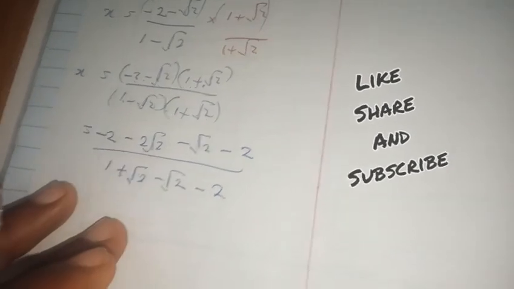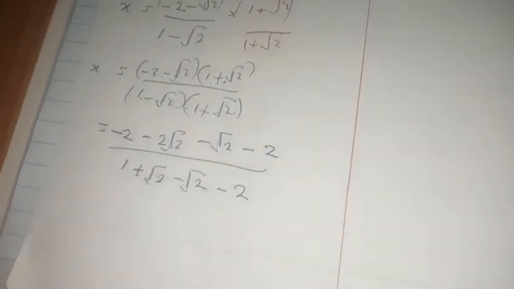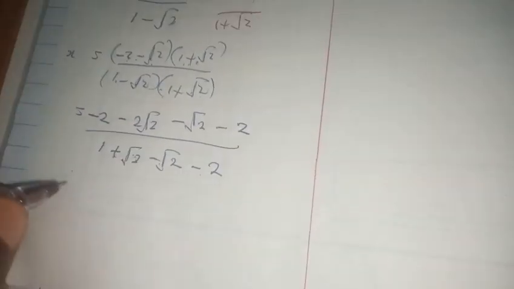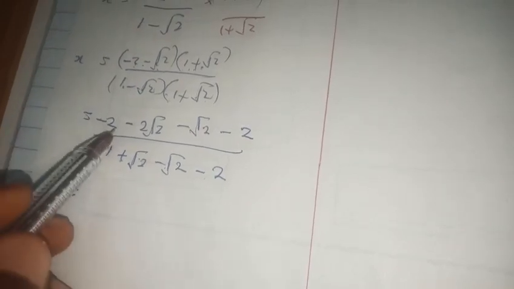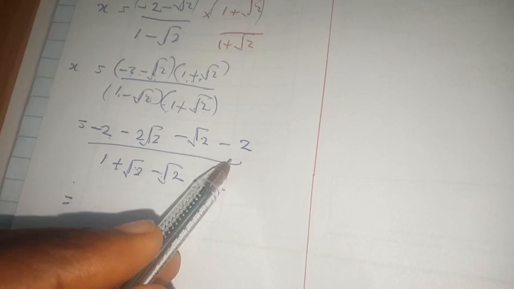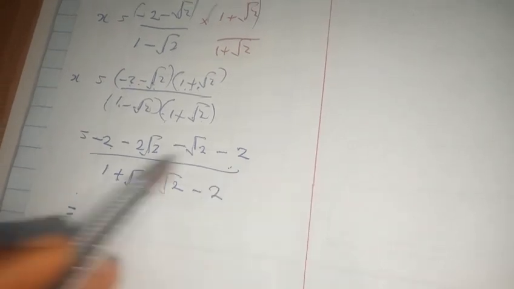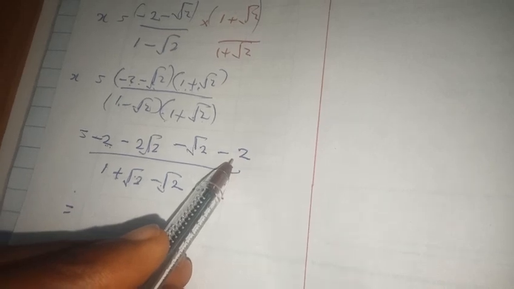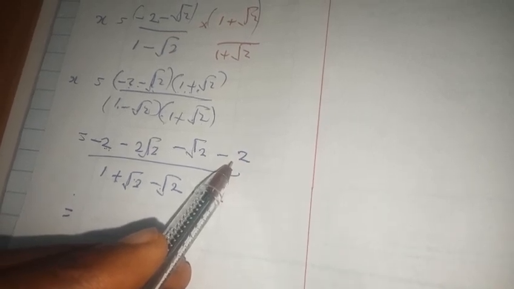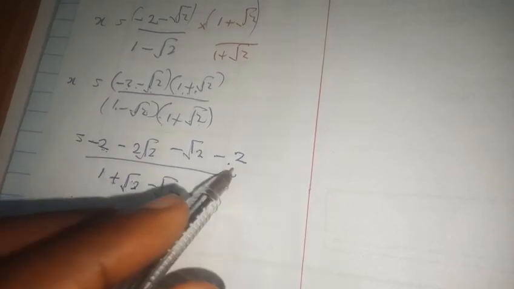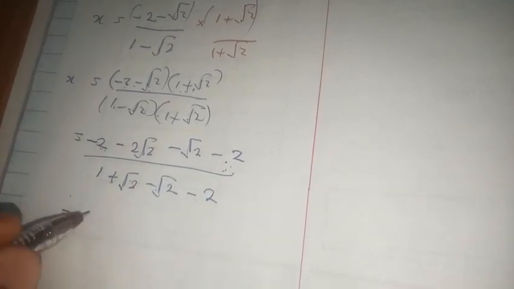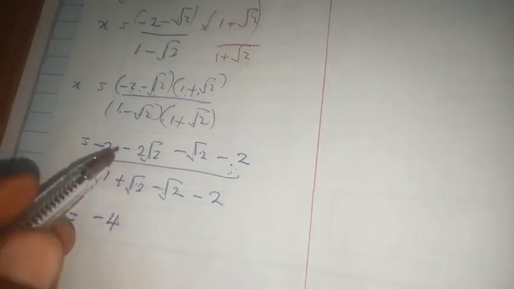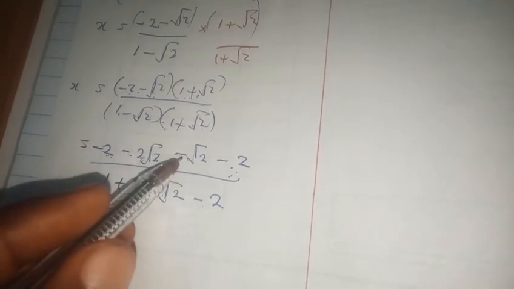So let's continue solving. So in this case here we have is equal to minus 2 is minus 4, and then here we have minus 2 root 2 minus root 2.